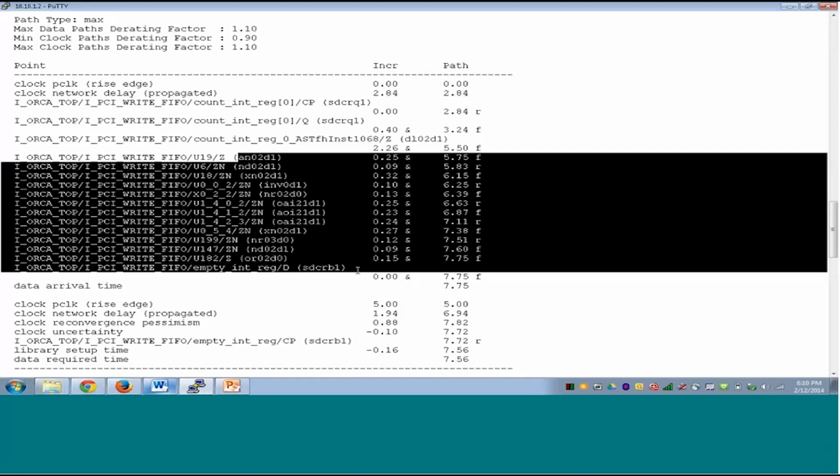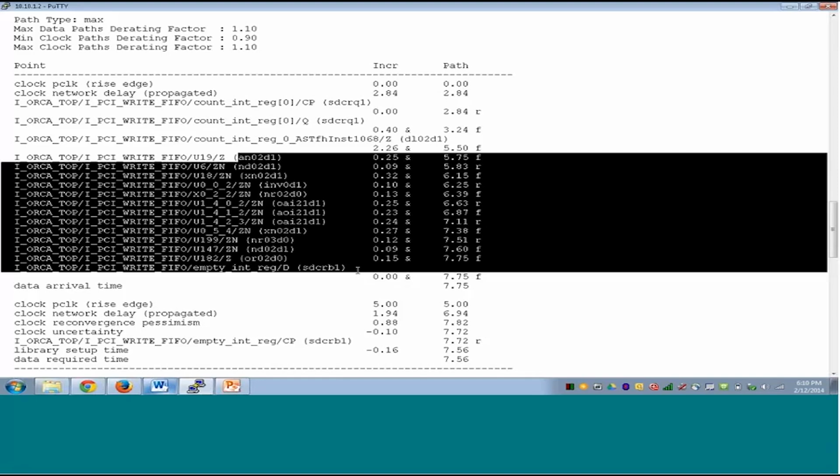The thing to note here is that PBA slacks will always be either better than or equal to graph-based analysis. That is why we say that graph-based analysis is pessimistic. It is more conservative because PBA is an accuracy improvement over graph-based analysis.